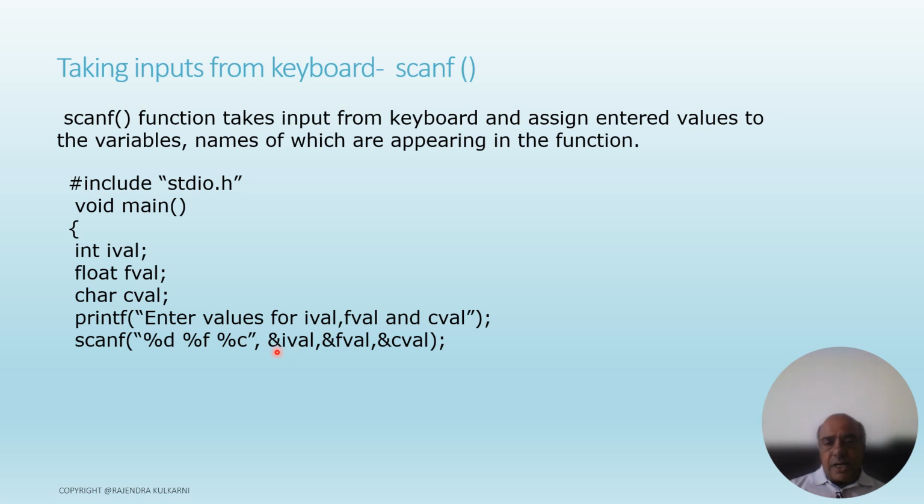Ampersand is called the address of operator. Address of what? Address of the variable to which we are attaching the ampersand. Comma, ampersand fval, comma, ampersand cval, end of parenthesis and a semicolon.